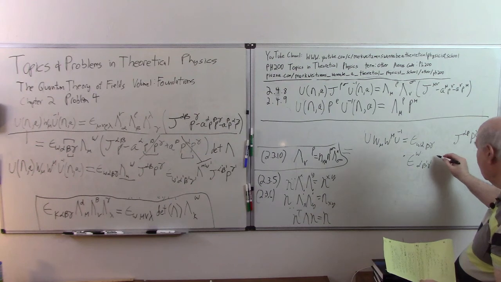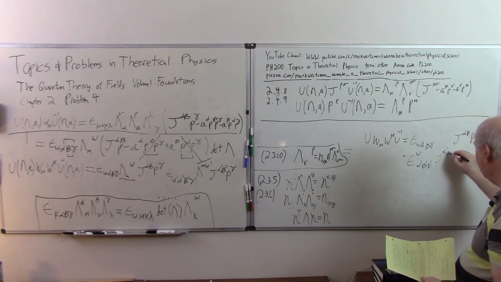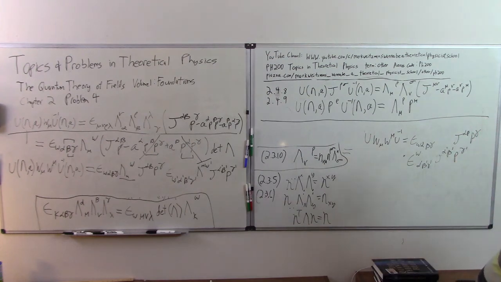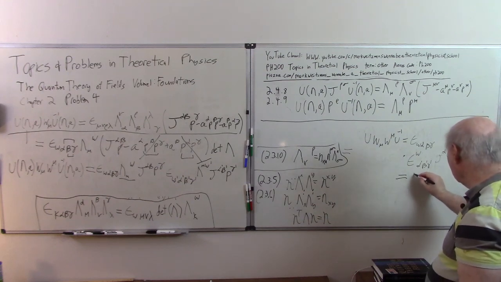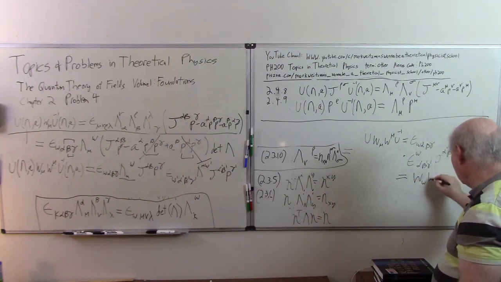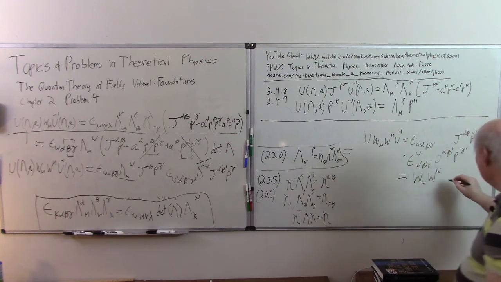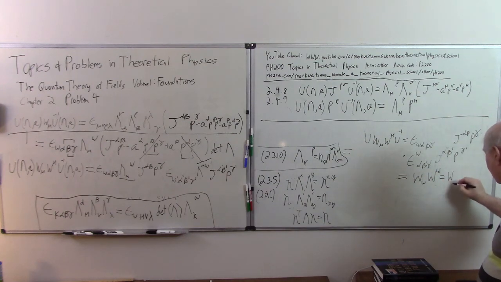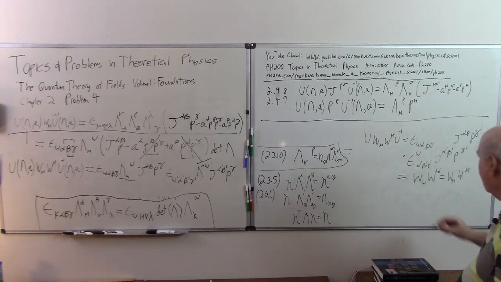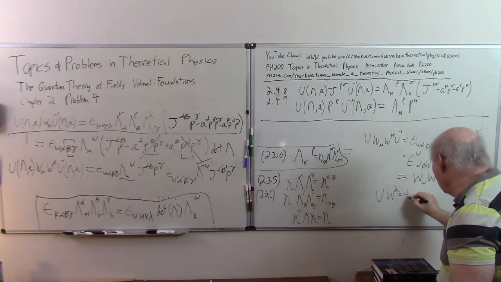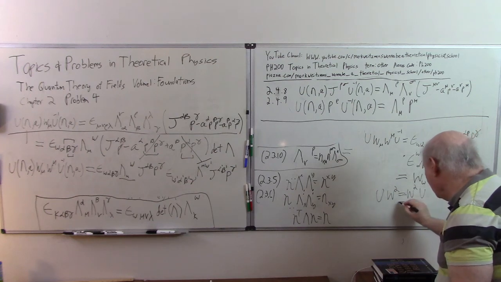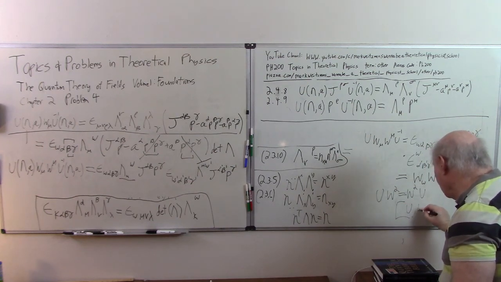So I have that j alpha prime, beta prime, p gamma prime. And this is the definition of w omega, which is equal to w mu. So we've shown that u times w squared is equal to w squared times u, or the commutator of u with w squared equals 0.